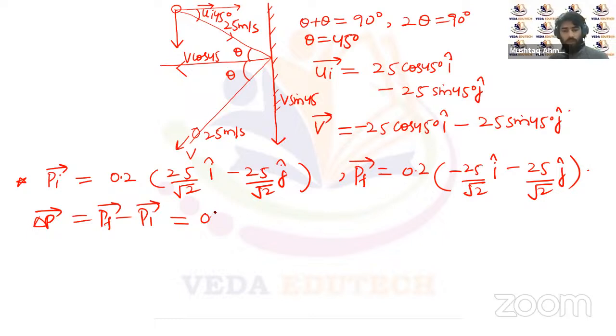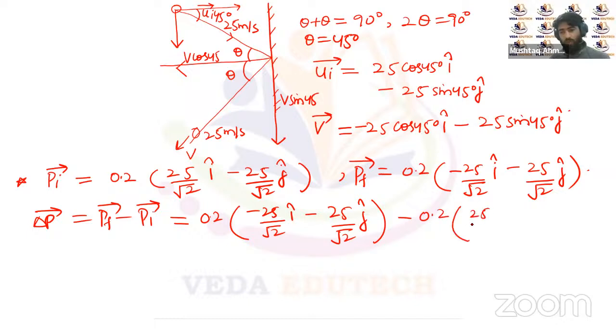It will be 0.2 times minus 25 over root 2 i cap minus 25 over root 2 j cap, that is final, minus initial, which is 25 over root 2 i cap minus 25 over root 2 j cap.